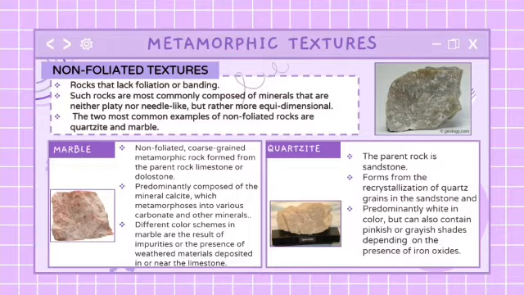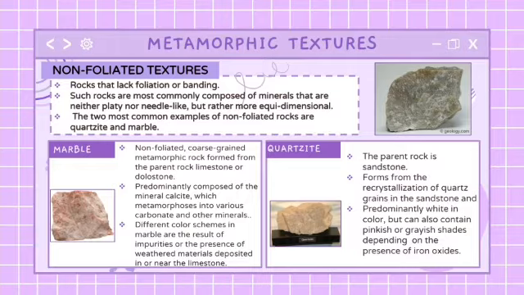So let's go to marble. Marble is an example of metamorphic rock with non-foliated texture. Marble is a coarse-grained metamorphic rock formed from the parent rock, limestone or dolostone. So the parent rock is limestone or dolostone. Because it is formed from limestone or dolostone, it is predominantly composed of the mineral calcite, which metamorphoses into various carbonate and other minerals.